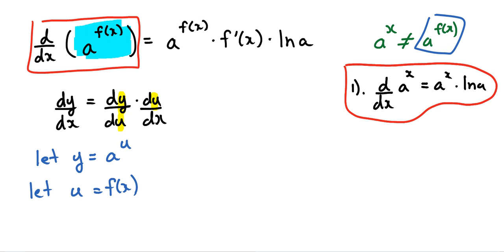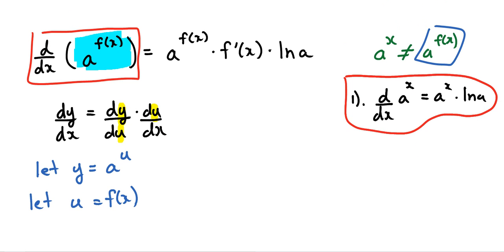I'm just making new definitions for my variables. This u is that u, so if I combine these, I still have y equals a to the f of x. Now let's take the derivative of these two let statements.